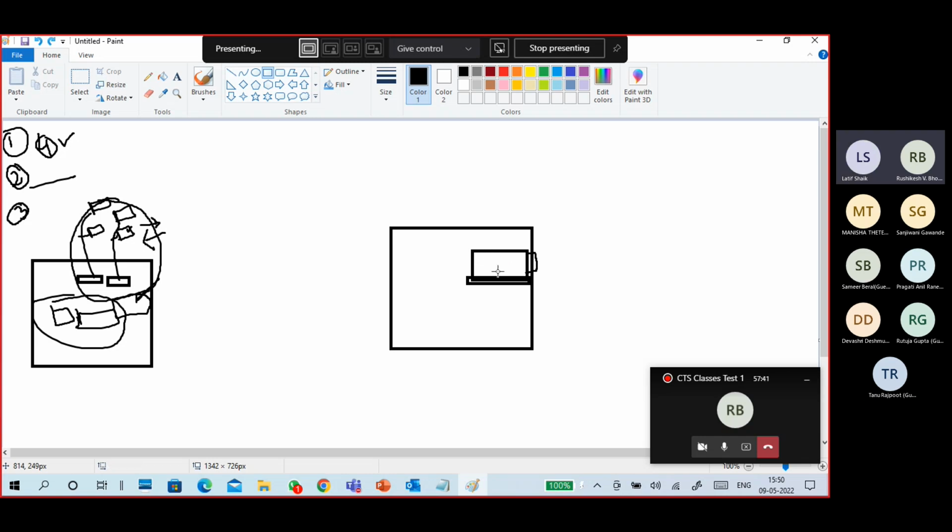This is internal, like this. And this is the external one.